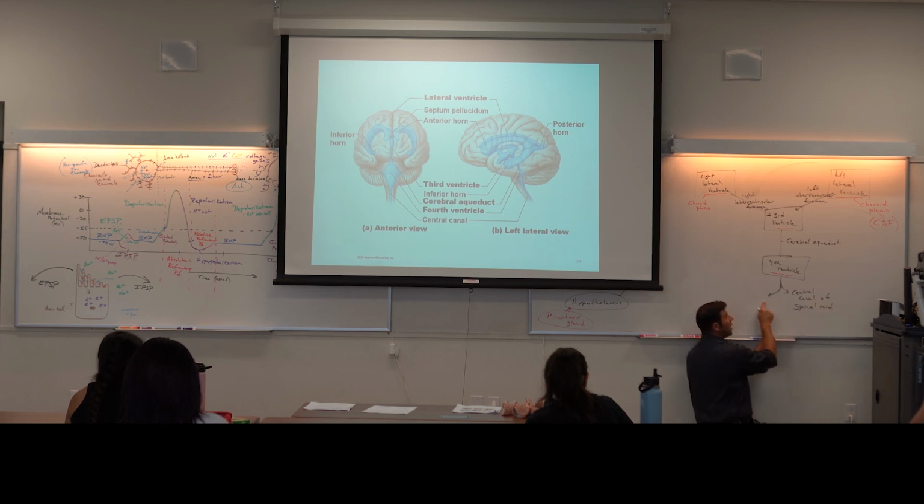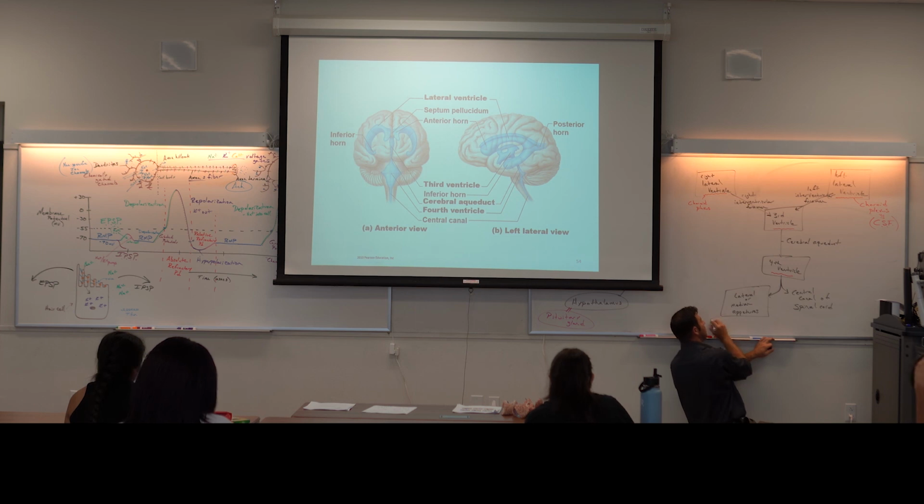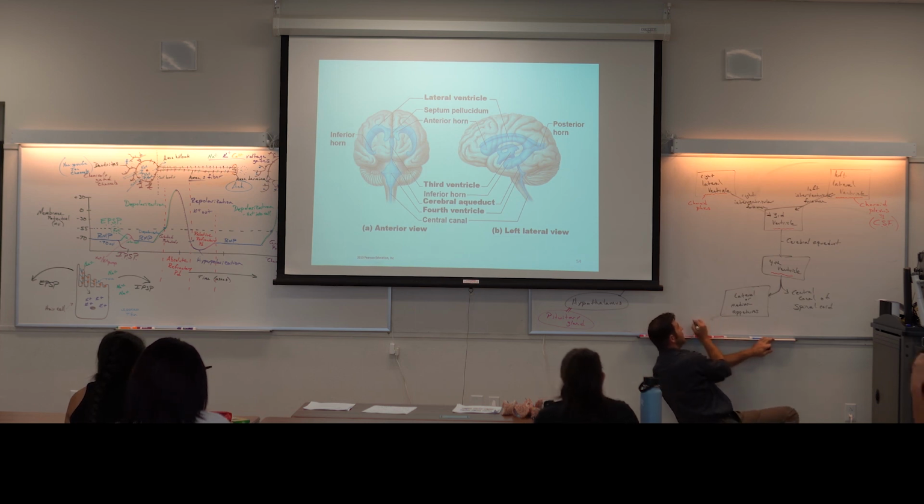The other pathway, instead of staying in the middle of the spinal cord, is that this fluid from the fourth ventricle can leave out of what we're going to call the lateral or median apertures. So lateral and median apertures are going to allow that cerebral spinal fluid to move into these subarachnoid spaces.